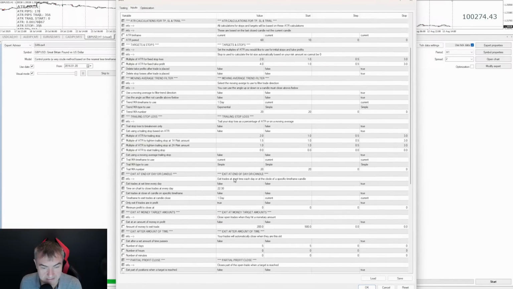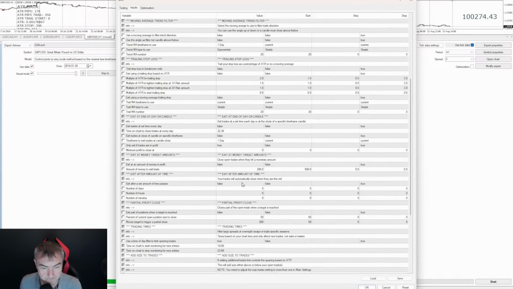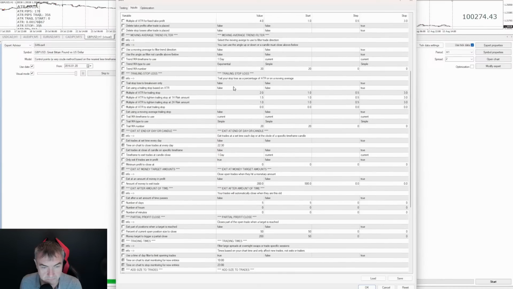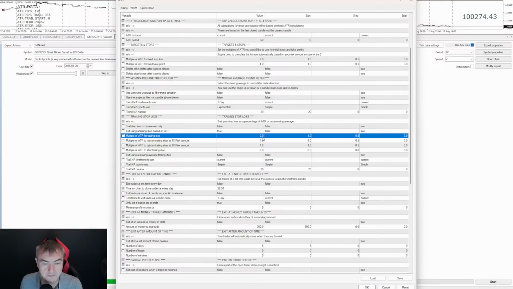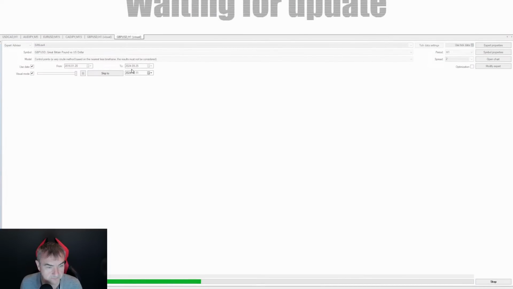So I'm going to add a trailing stop based on ATR. We'll go with 2 ATR, I guess. So 2 times the average hourly movement. If we move in profit, we'll suddenly start to reduce that risk. Yeah. So let's see what impact that has.